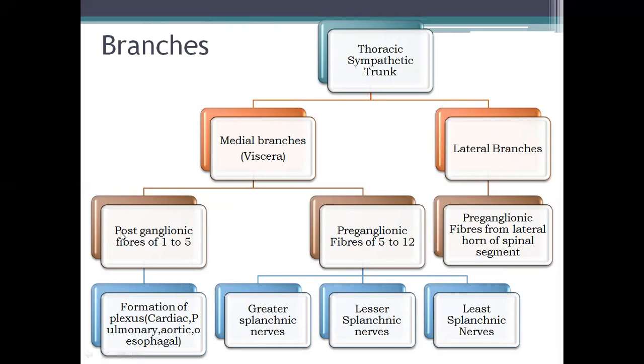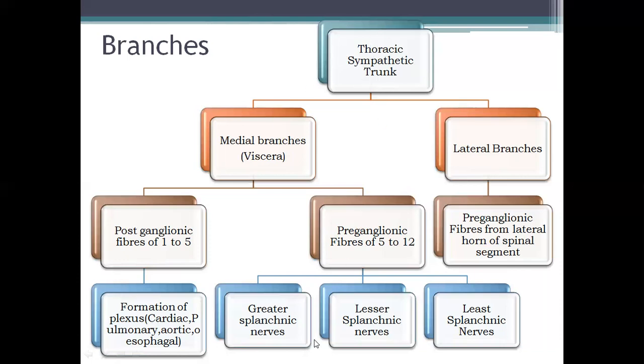The postganglionic fibers of the 1st to 5th ganglia of the thoracic sympathetic trunk form many plexuses. What are these called? We have the formation of the cardiac plexus, pulmonary plexus, aortic plexus, and esophageal plexus.